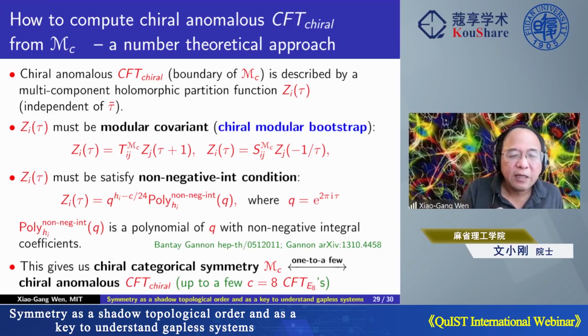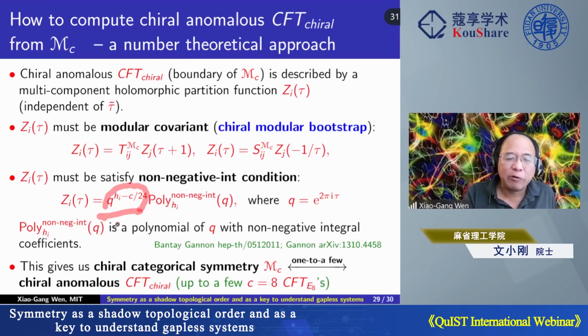However, this partition function also satisfies another condition, a number theory condition. That is, this partition function can be written as a polynomial in q, where q is e to the 2 pi i tau, with some fractional power.